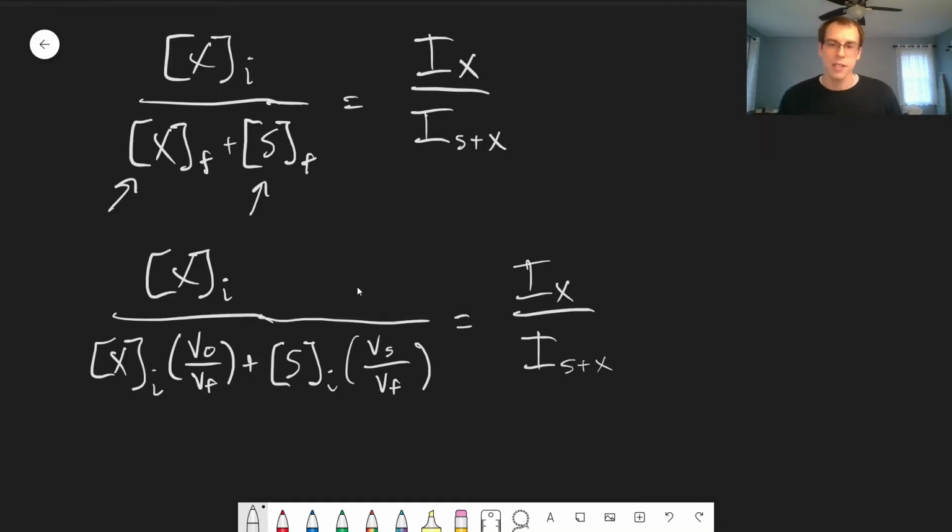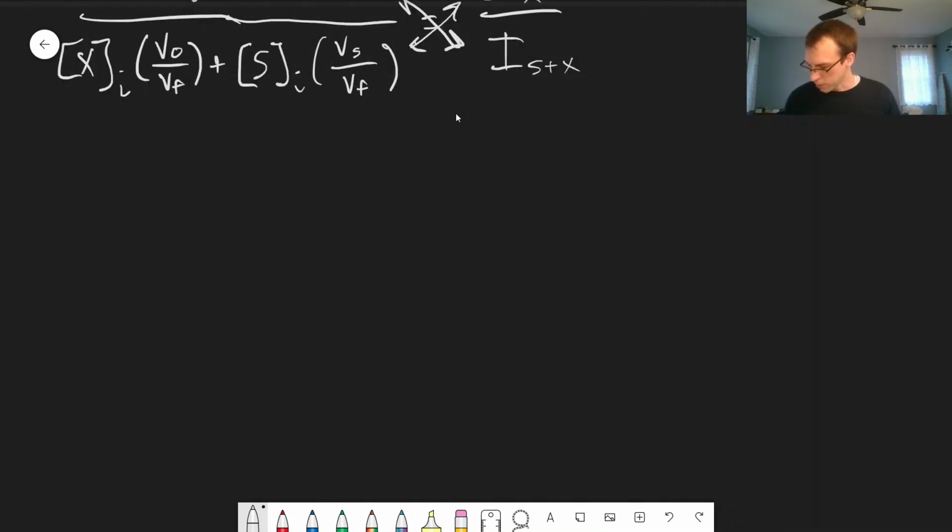The goal is to reorganize this into an equation that looks like a line, where xi is just in one of those terms. So step one is, since these are ratios, we can cross multiply to get two things that are equal to each other.